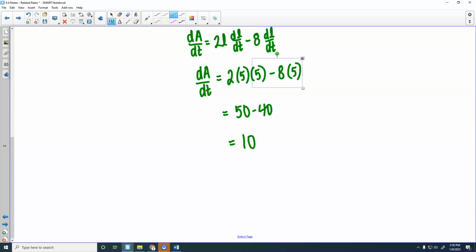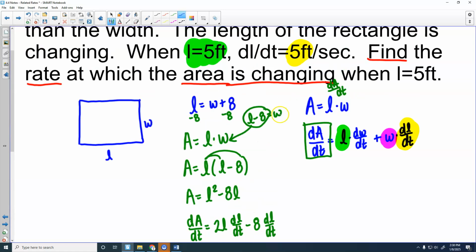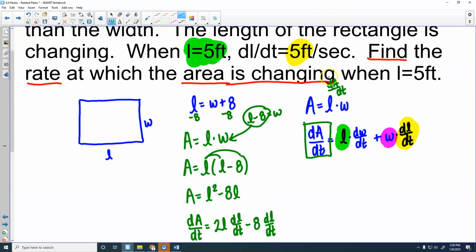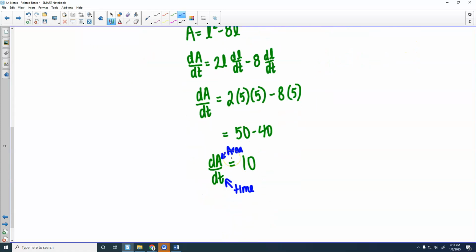Now, these are usually going to need units with them. So this is dA/dt. That top thing is area, and the bottom thing is time. In this case, we were measuring the length in feet. So what would area be measured in? Square feet.